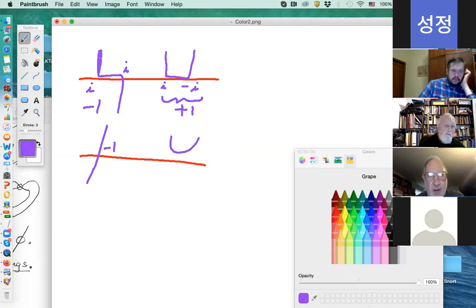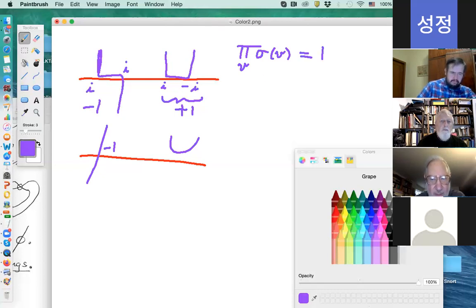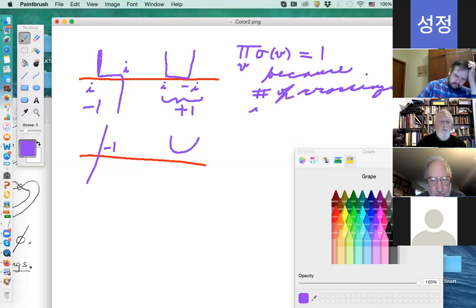And so we see that the product over the vertices of sigma of the vertex is in fact equal to 1 because the number of crossings is even. Done.